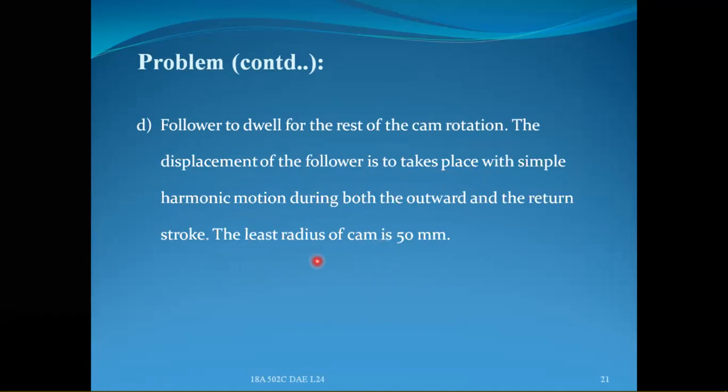With this data, that means here in this case, a knife edge follower, outstroke 60 degrees, dwell 45 degrees, and return stroke 90 degrees, remaining dwell, the lift or stroke is 40 mm, the motion is simple harmonic motion, and the least radius of the cam is 50 mm, that means the base circle radius.